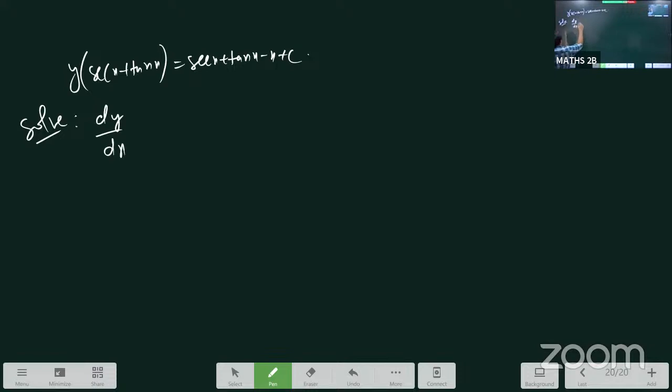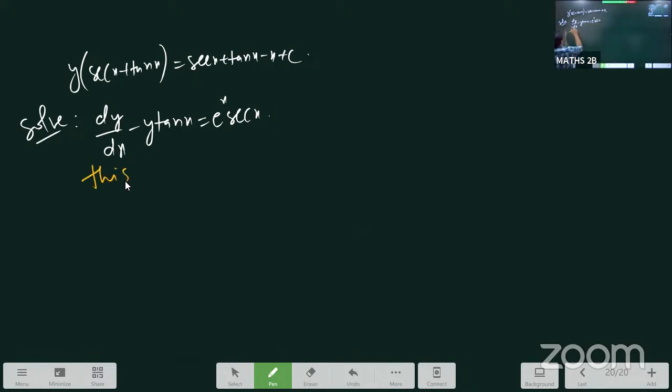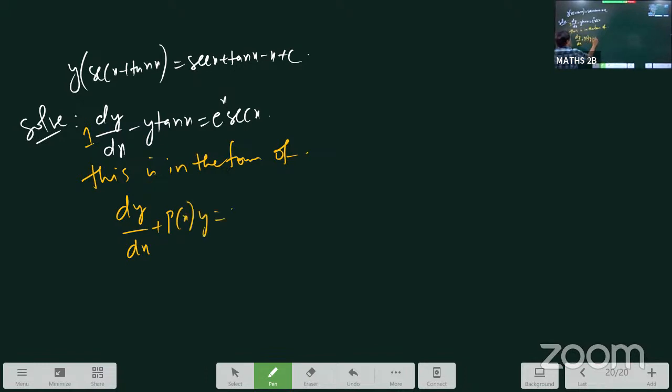Next, solve dy by dx minus y tan x is equal to e power x into secant x. Again, this is in the form of dy by dx plus p of x into y equals q of x, its coefficient is 1.